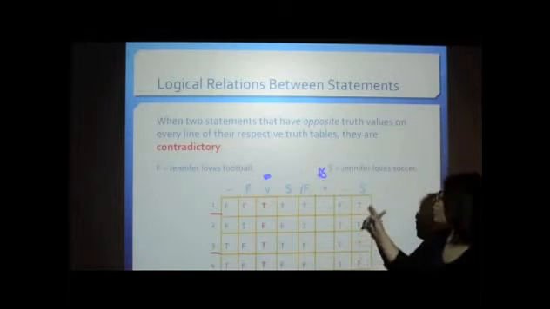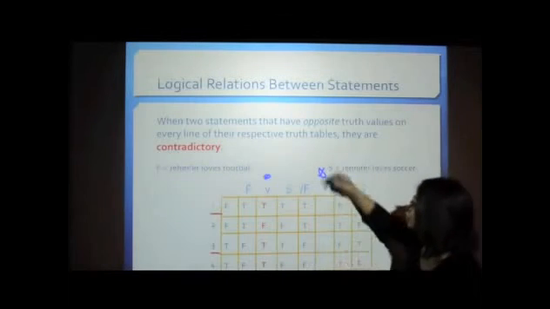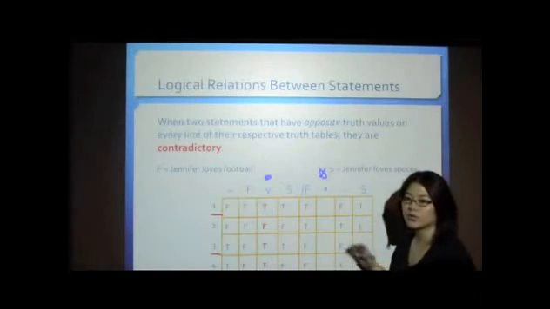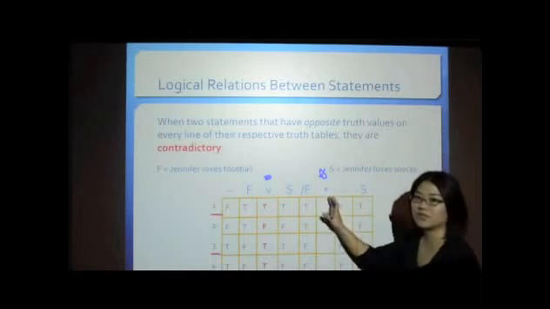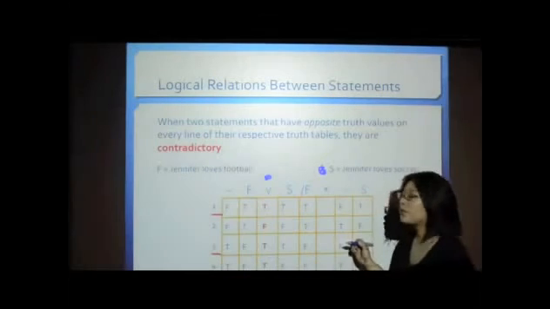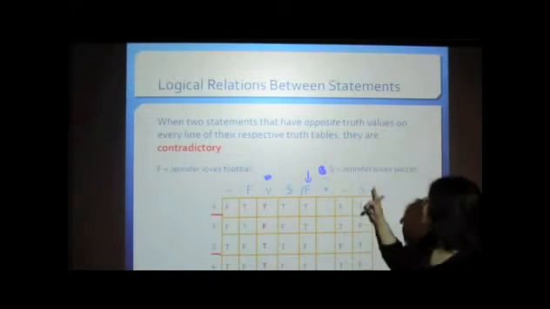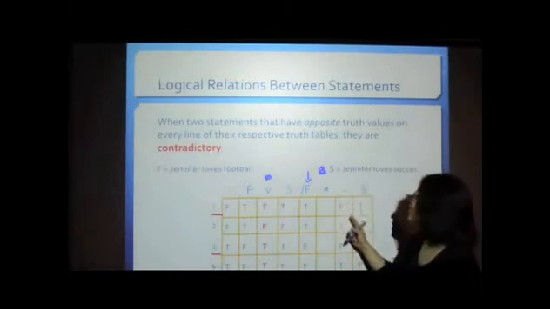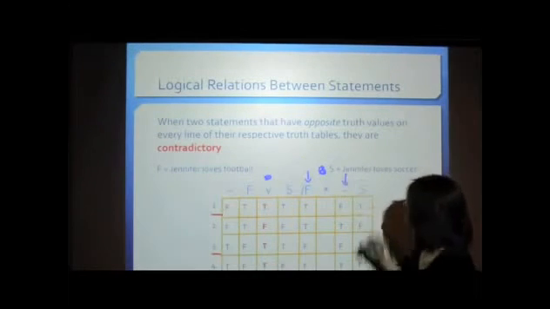Now that we've done the truth values for the component parts, we're going to use them in order to determine the truth values for the main operator, which is the conjunctive dot. The component parts were the F and the negation S, and the truth values for the negation S are actually under the negation.